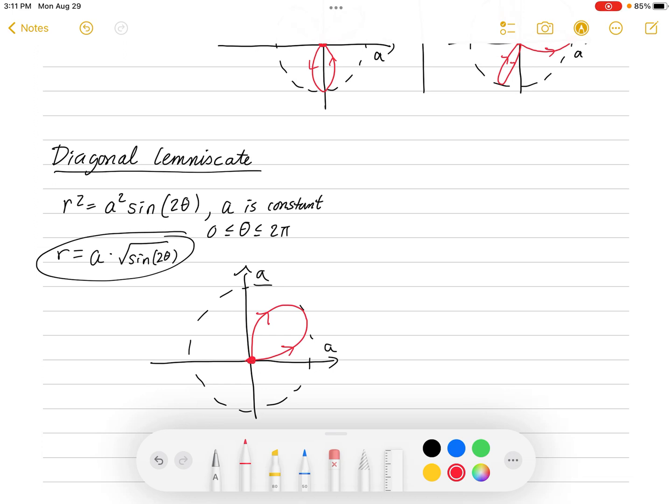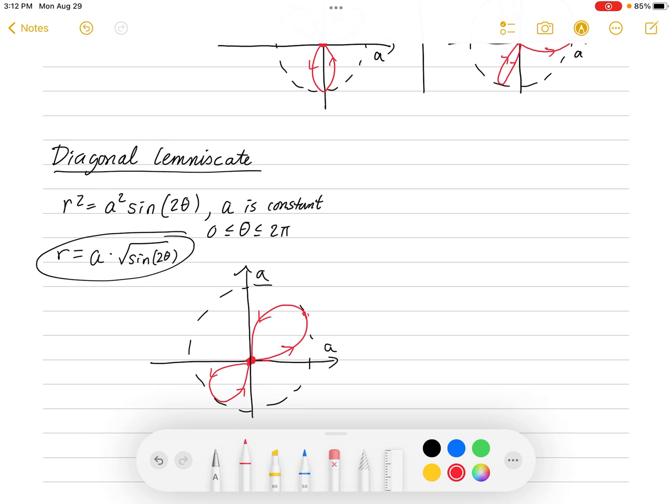It goes out to the radius, and it comes back to the origin, and then it loops in the lower left. Ends back up at the origin. Okay, that's a lemniscate.